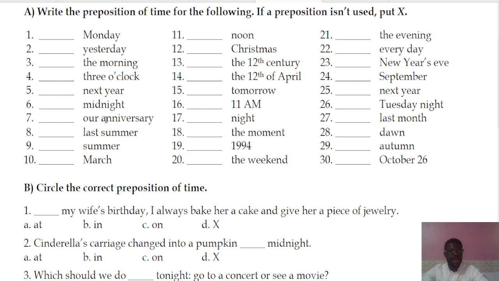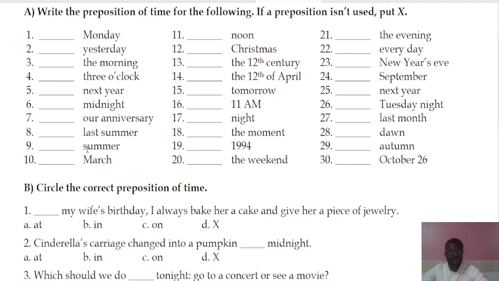If it has been 5 years or 6 years or 10 years since your parents got married, they can say it is our 12th year anniversary. Because here we're talking about a date, we have to use what? On our anniversary. Last summer, I cannot say in last summer, because last summer is the time marker for simple past tense. So for last summer, there's going to be X, showing that we don't need any preposition.